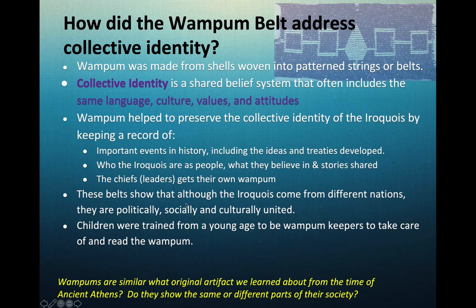So these belts show that although the Iroquois come from different nations, the 5 different nations, they're politically, socially, and culturally united, even though they came from different nations initially. Now they're joined together, of course.